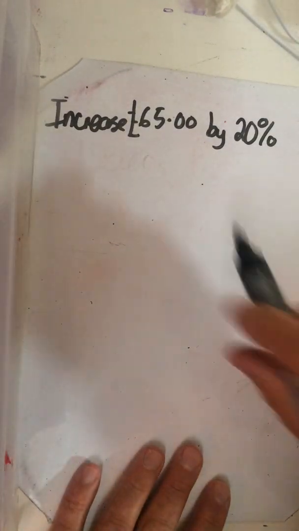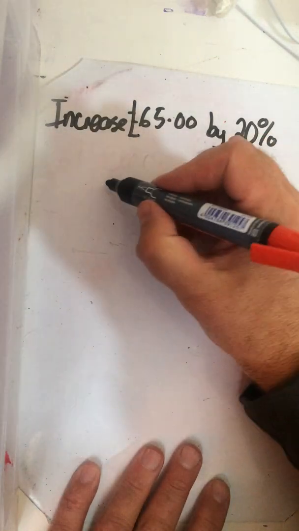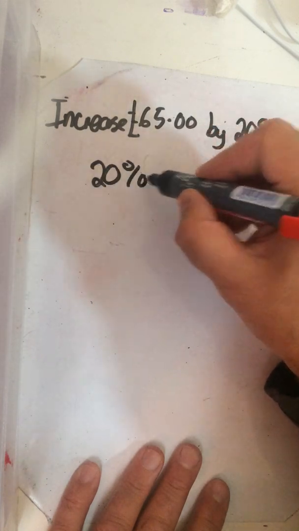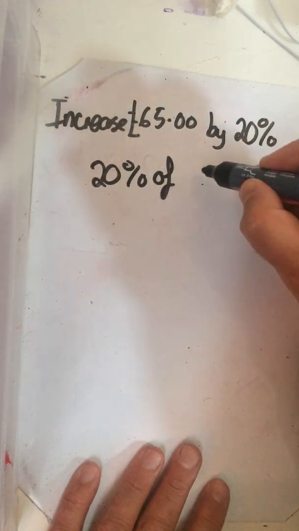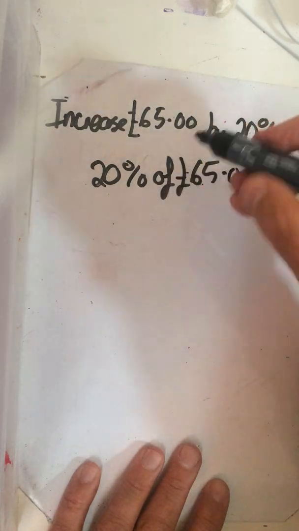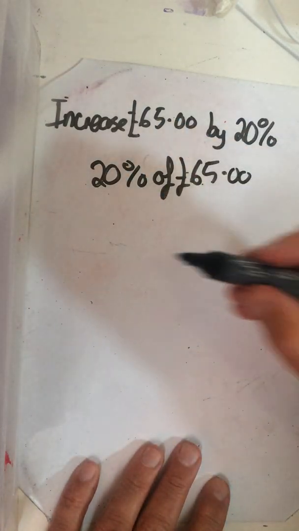Okay, right. So as I said, we're going to work through some word problems today. But first of all, we need to learn how to increase something by a percentage. It's not difficult. If I want to increase £65 by 20%, I would start off by doing 20% of 65, in the same way. If you want to find 1%, £0.65, and times it by 20, you can.